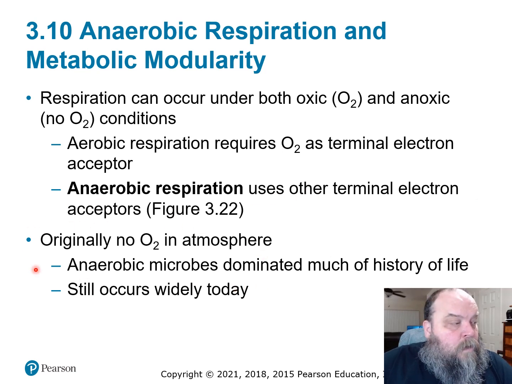Many organisms retain the metabolic functions of some of the early cells. Because you have to remember, originally, our atmosphere had no oxygen. It was methane, it was sulfur dioxide, it was many things other than oxygen.